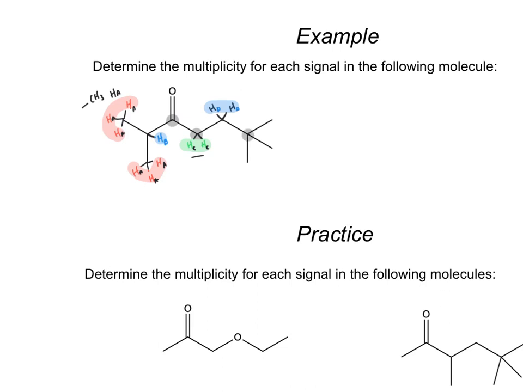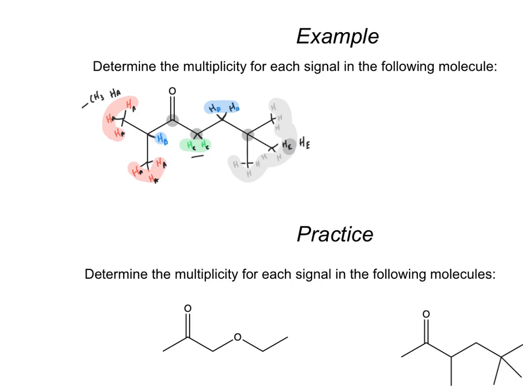Overall, this group on the end is called a tert-butyl group. All of these end as methyl groups, so they all have protons, and most importantly, all of the protons in this tert-butyl group are equivalent with respect to one another. So we're at A, B, C, D, and we'll call these HE. So this will be our HE signal. Okay, so that's number 1.